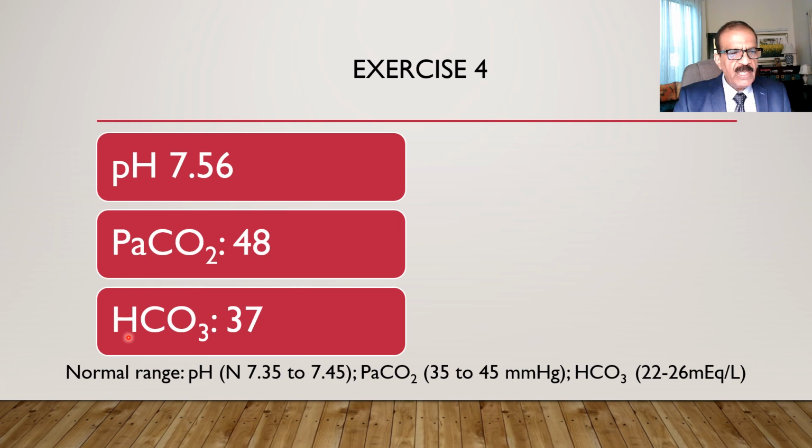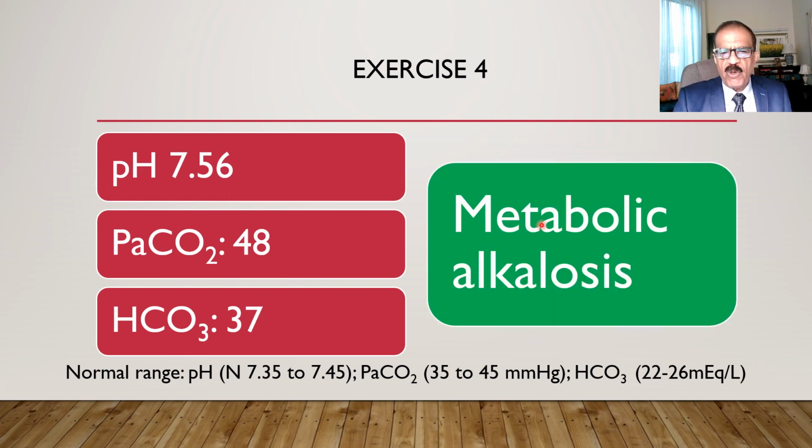So let's go here. Bicarb is increased 37 and bicarb is alkali. So I think this excess of bicarb is perhaps responsible for alkalotic pH. So it is metabolic alkalosis. Metabolic, why? Because bicarb is excess. Alkalosis because pH is alkaline.